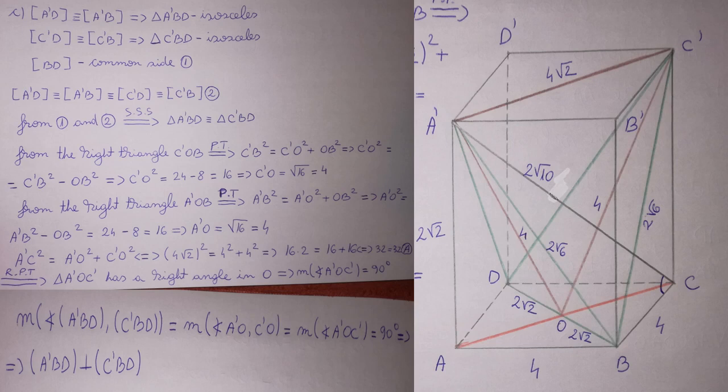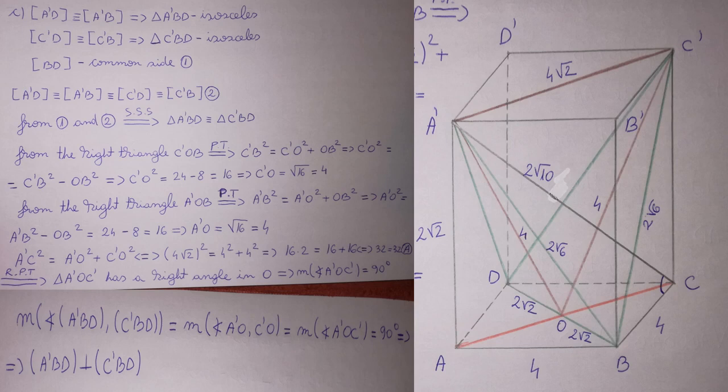From the right triangle A'OB, we have with Pythagoras theorem that A'B squared is equal to A'O squared plus OB squared. So A'O squared is equal to A'B squared minus OB squared, which is equal to 24 minus 8, which is equal to 16.